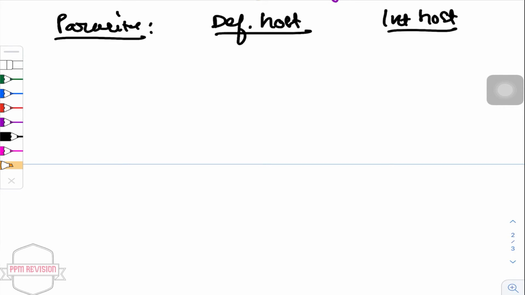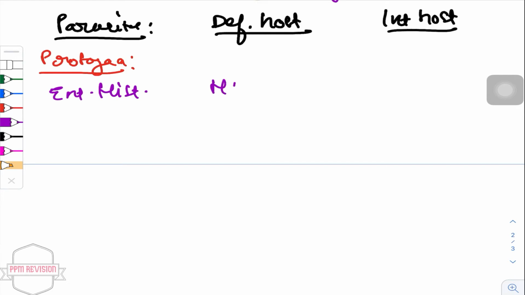So first, looking at the parasites. Here I'll be doing protozoa. So under protozoa there is Entamoeba histolytica. Under this, the definitive host is the human being.